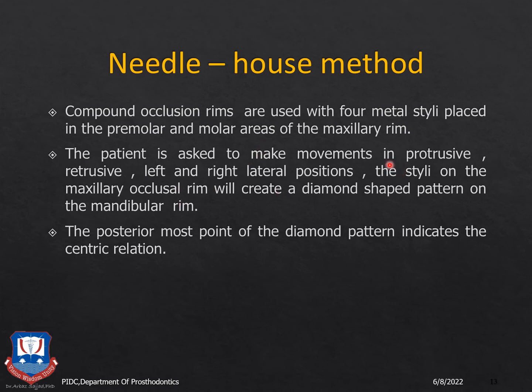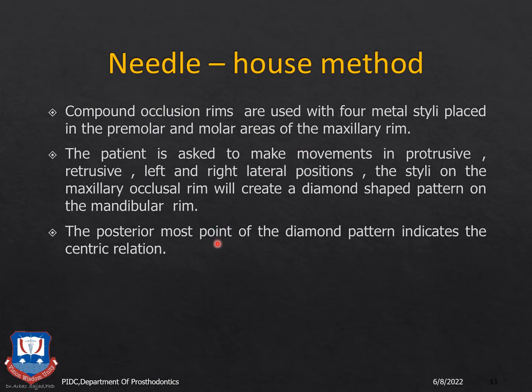Then the patient is asked to make movements in protrusive, retrusive, and laterotrusive directions. And these styli, which are in the compound maxillary occlusal rim, make grooves or notches in the mandibular rim, which are diamond shaped.